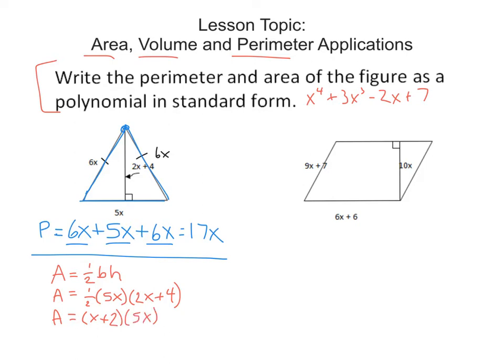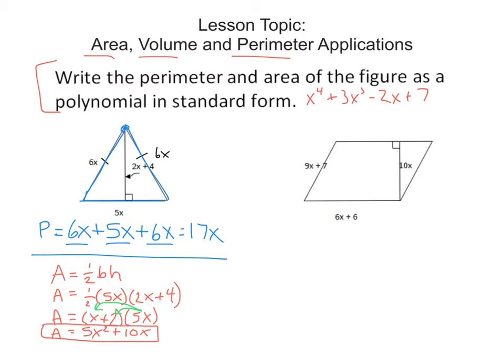Now to multiply these, I need to distribute the 5x. So I'm going to multiply this 5x times x and this 5x times 2. So area equals 5x times x is 5x squared, and then 5x times 2 is 10x, so plus 10x. And this is in standard form, and it's done.